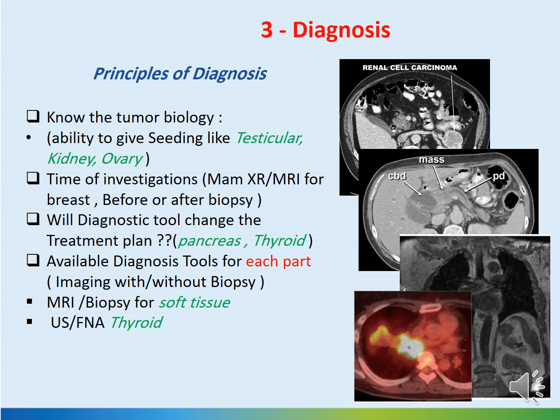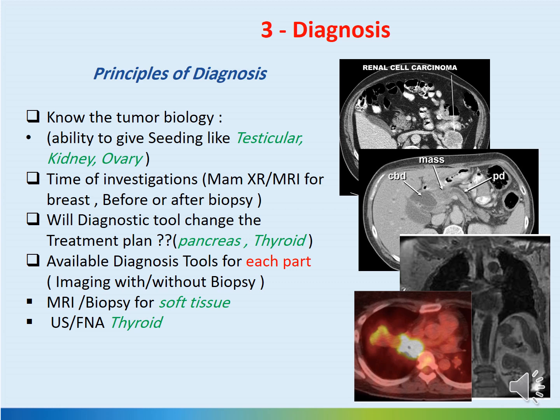Number one, we have to know the tumor biology: what type of tumor it is and how it spreads. Is it possible that when we do the biopsy, the cancer will seed outside the primary tumor, like testicular cancer, kidney or ovary?